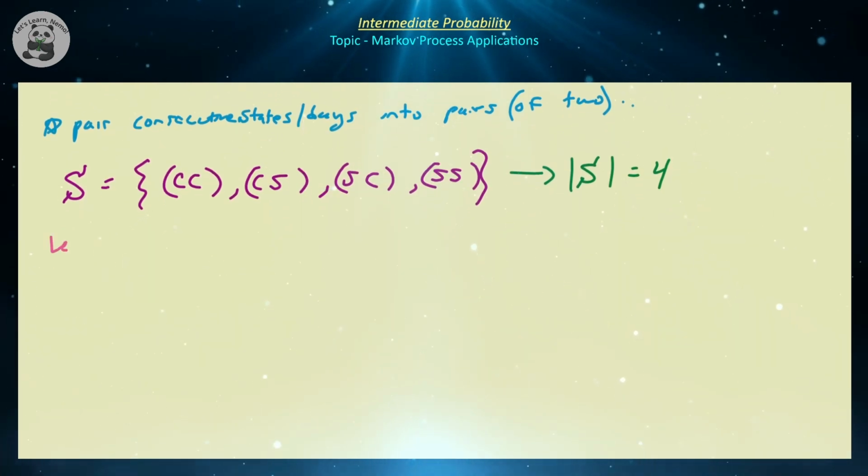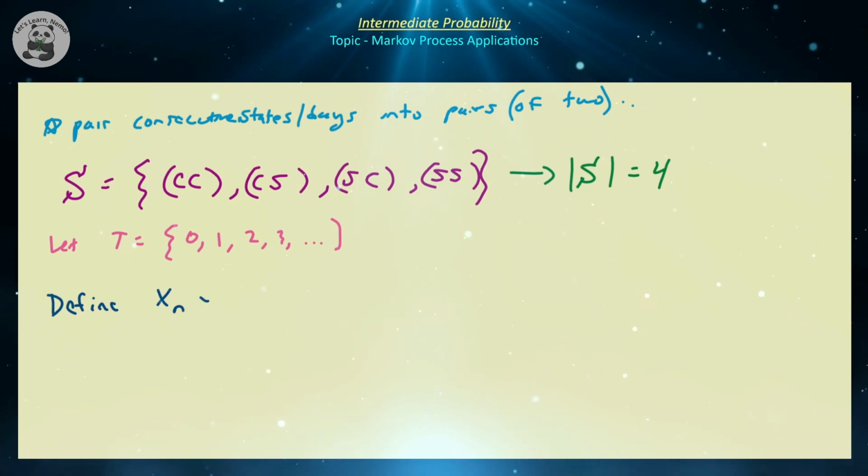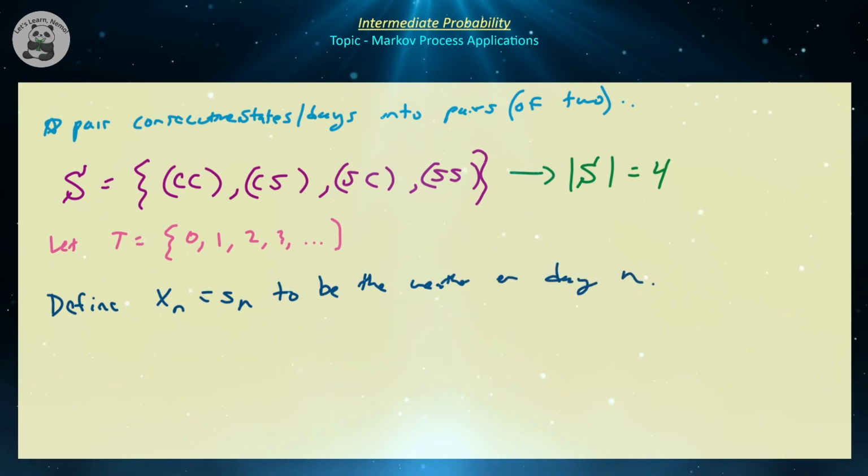Okay, so let's assume that our time domain is again discrete, so 0, 1, 2, 3, and so on. And we're going to define our variable Xn to be equal to Sn, the weather on day n.